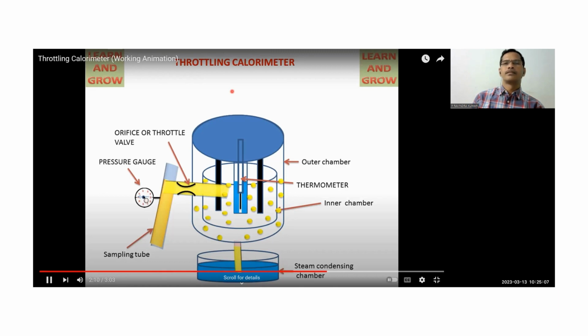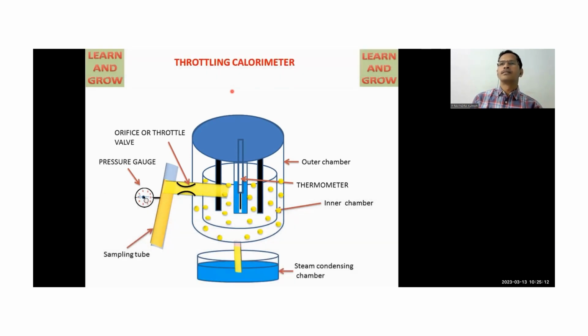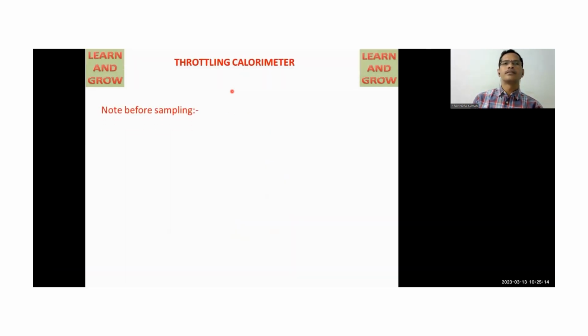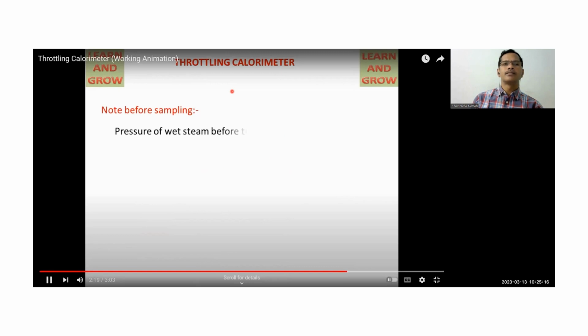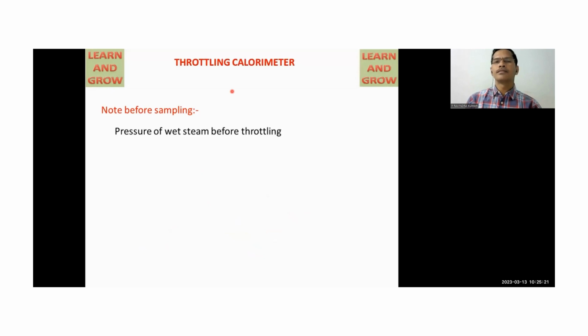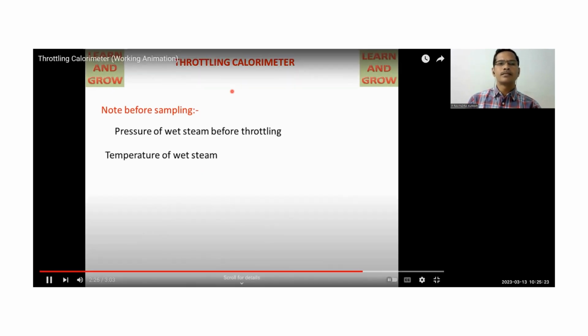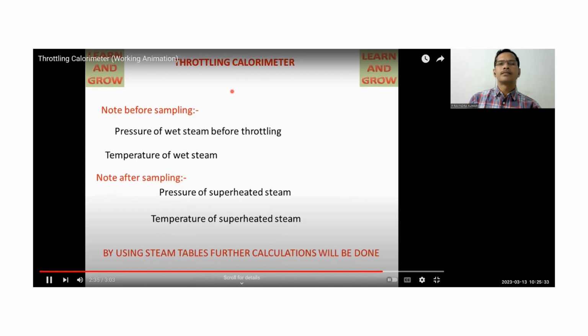We can calculate the dryness fraction in the throttling calorimeter from some readings. Note, before sampling, the pressure of the wet steam before throttling we have to measure. The temperature of the wet steam we also have to measure. After sampling, the steam will be superheated, so the pressure of the superheated steam and the temperature of the superheated steam will be measured.